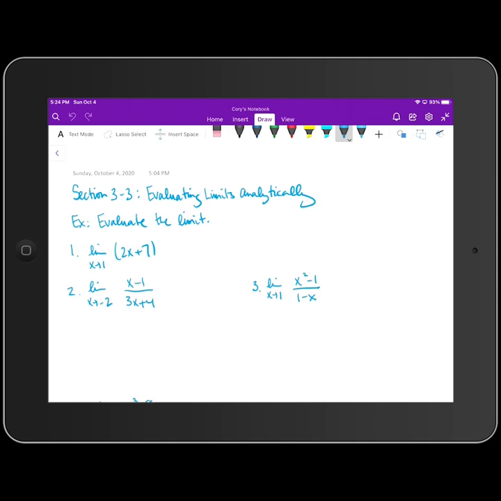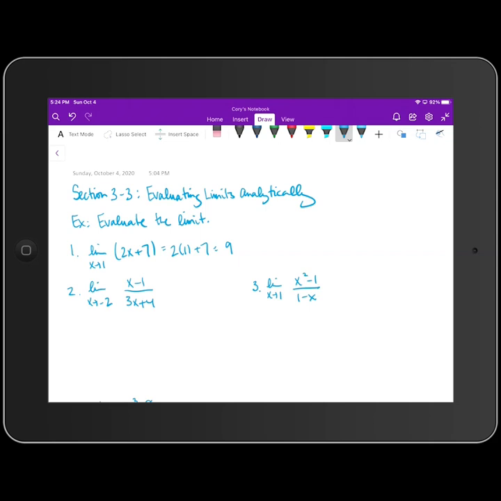With example number 1, if we directly substitute 1 in the place of x, that's going to give us a valid output. That's going to give us 2 times 1 plus 7, which is 2 plus 7, which is equal to 9.